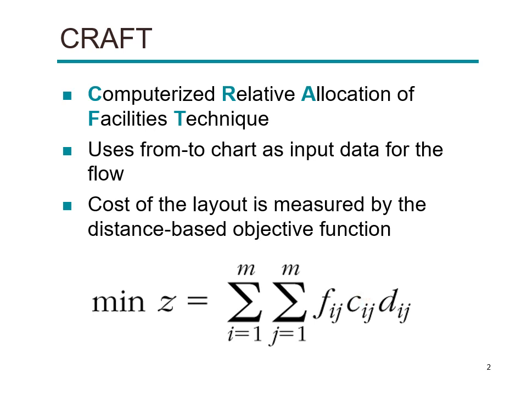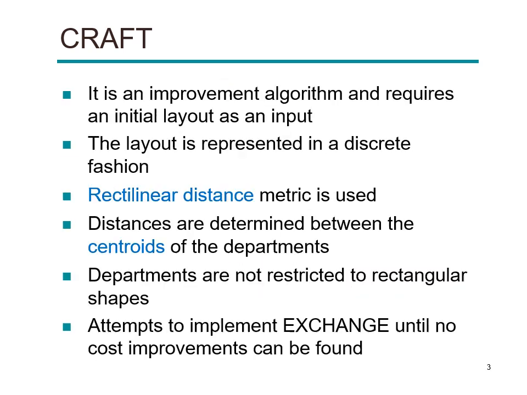Remember, in a distance-based objective function, we multiply the flow between departments I and J with the distance between I and J and the cost of transporting one unit from I to J, and we add the summation of this multiplication over all departments I and J. So this is the distance-based scoring that CRAFT uses.